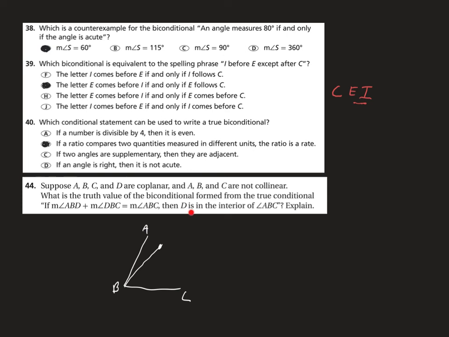So if D is in the interior of this angle, then this statement must be true. So that's what I did here. Drew angle ABC, picked any point on the interior, and made that point D. And then we can see that angle ABD plus angle DBC would equal ABC.